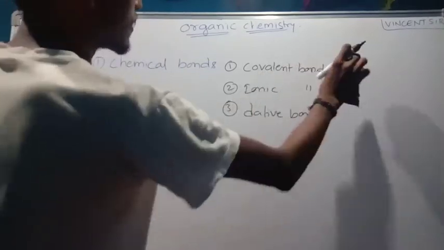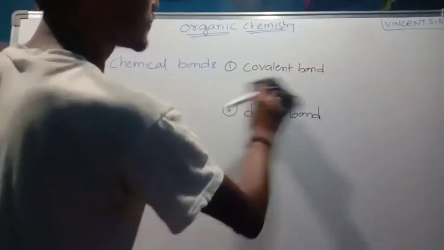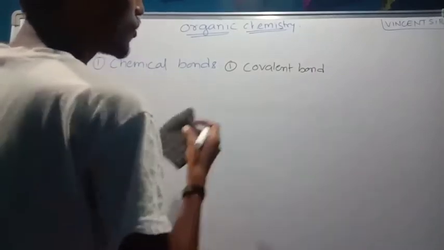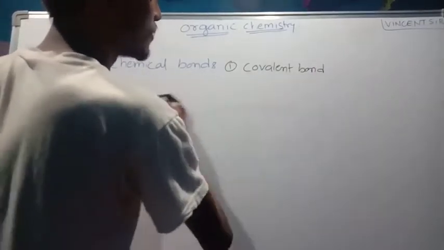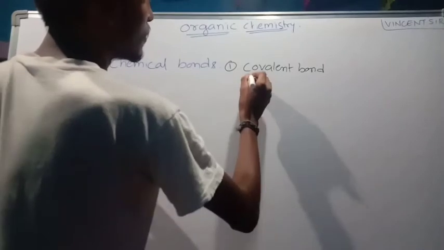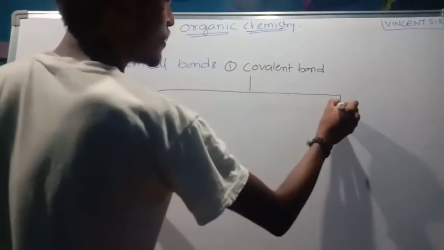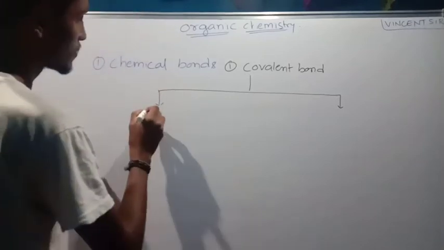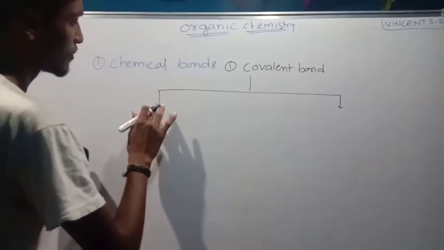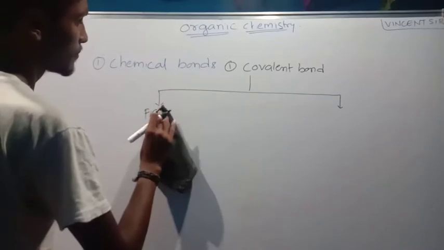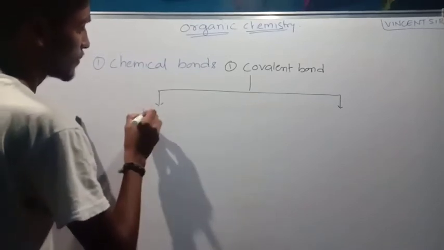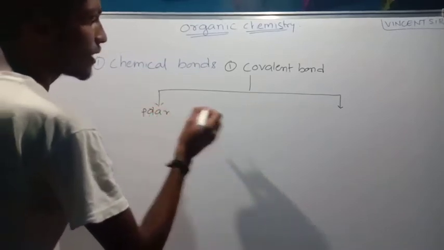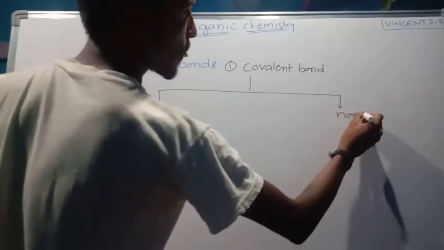Now the first chemical bond, the covalent bond. Here the covalent bond is of two types: one is polar, another one is non-polar.